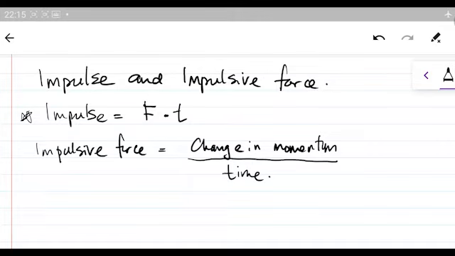So it's two different things. Impulse is a product of impulsive force and time of impact, whereby impulsive force is change in momentum over time.